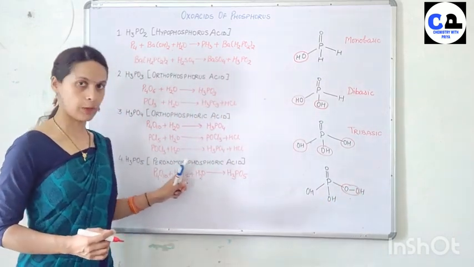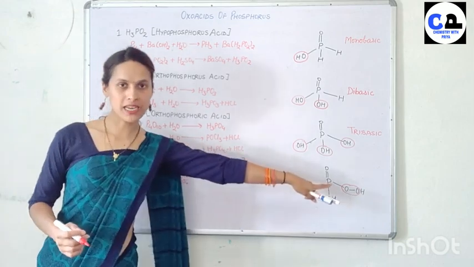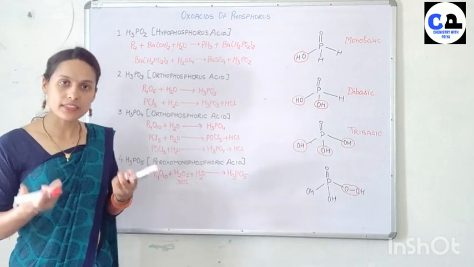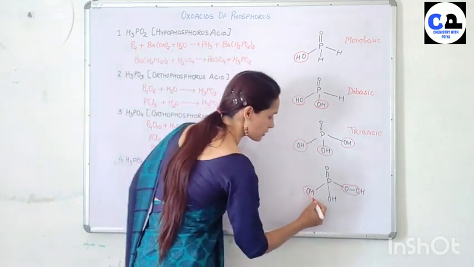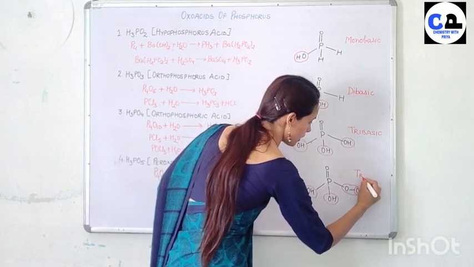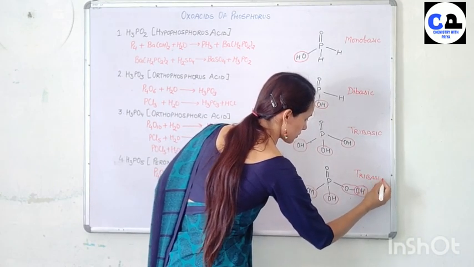Peroxo means peroxy. Peroxomono, because only one such linkage is there, so peroxomonophosphoric acid. And why is it phosphoric acid? Because its basicity is 3. So it is a tribasic oxoacid.